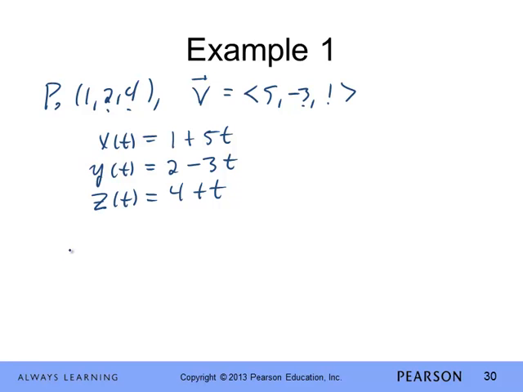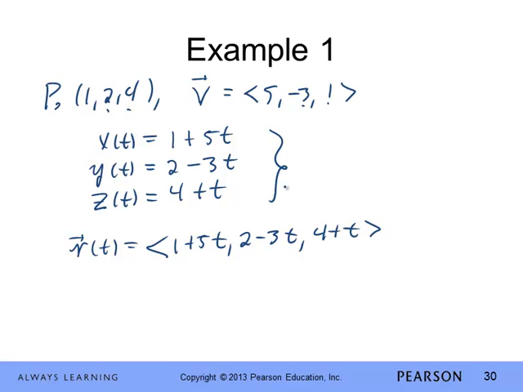But you can write this as your vector valued function. And of course, no parameterization is complete without specifying a range of values for t.